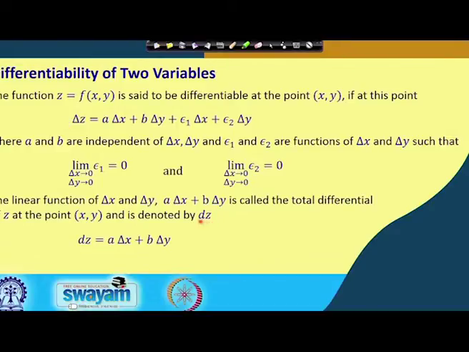So this dz, which we call the total differential, is equal to a delta x plus b delta y, that is the linear part of this change in z.